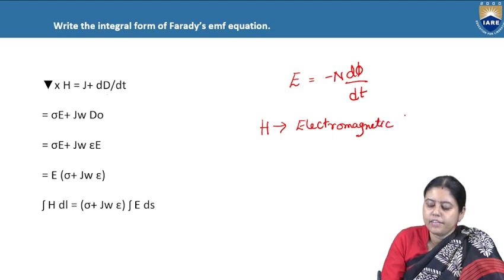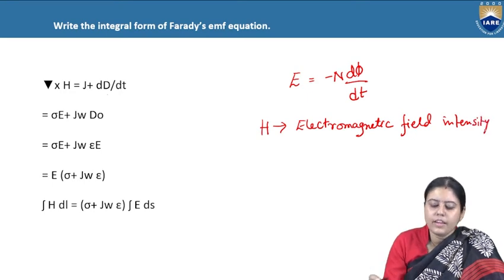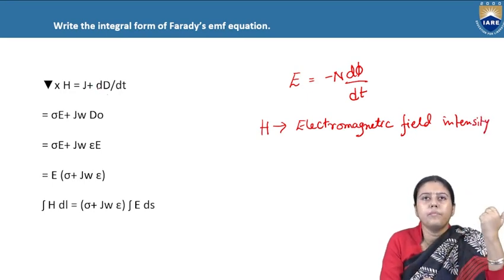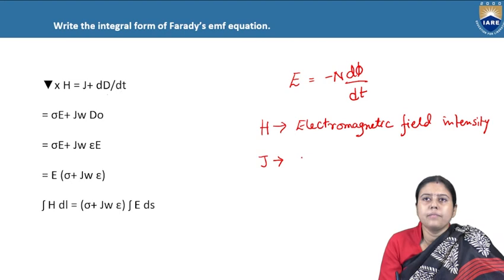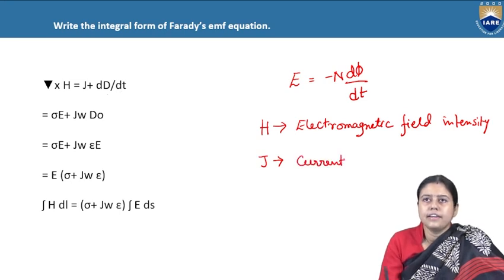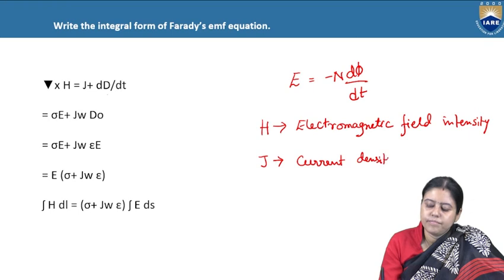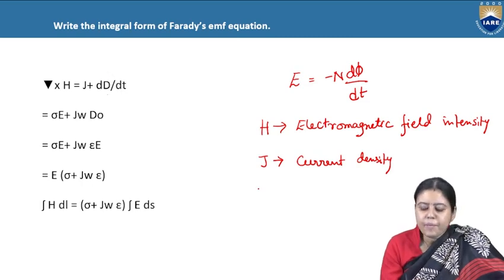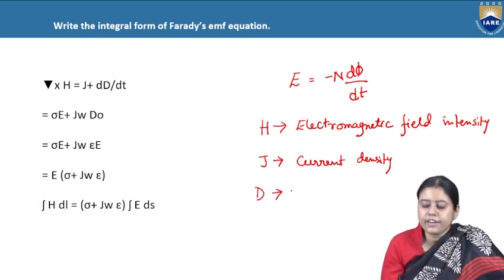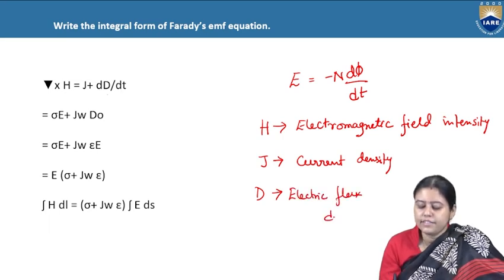What is J? Already we have discussed in the last slide, but I will write it once. J is nothing but the current density, plus capital D by dt. What is capital D? Capital D is nothing but the electric flux density.